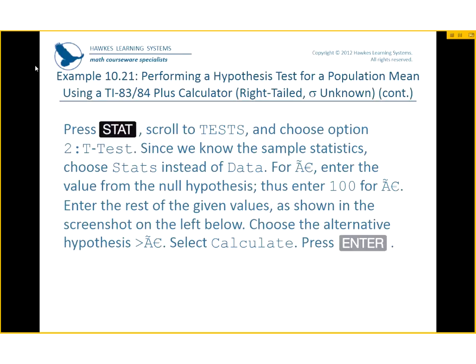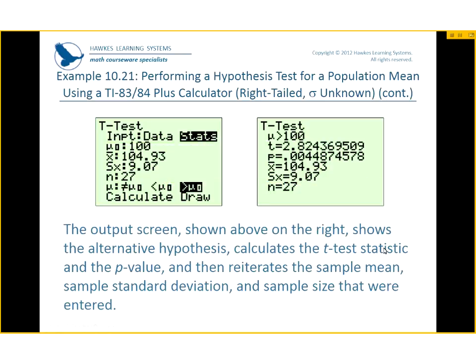Okay. So we're going to input the statistics because we know everything from them. For the null mean, we're going to enter the value of the null hypothesis, which is 100. Then we're going to enter x bar, which is 104.93, then the sample standard deviation, which is 9.07, and n is 27.